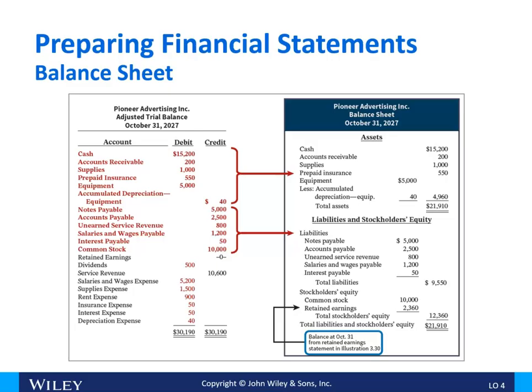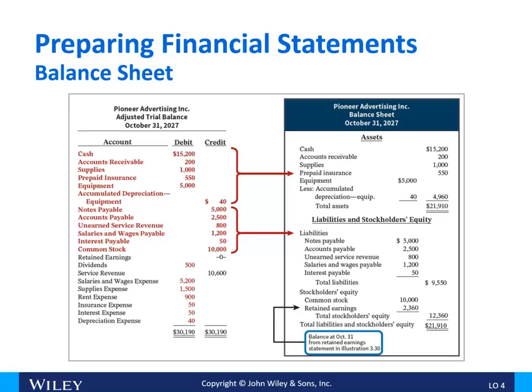We also look at our assets and our liabilities. So cash through accumulated depreciation equipment is our assets. So we show that on our balance sheet. We add those up, we get total assets of $21,910. We take our liabilities, put those in the liability section of the balance sheet to get a total.